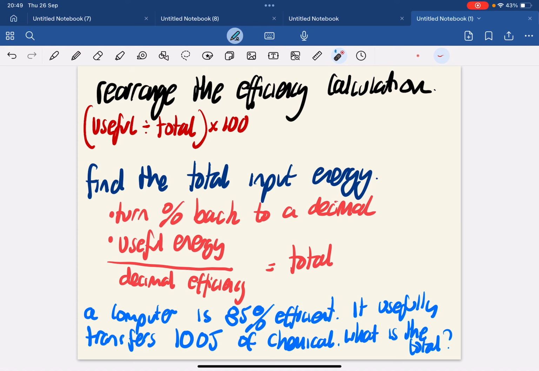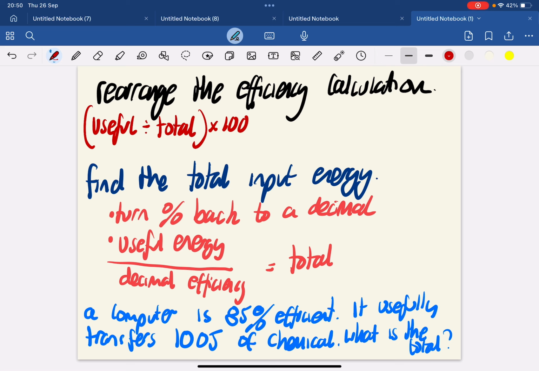So let's have a look at a question then, what that might look like. We have a computer and it's 85% efficient, which means obviously 15% is going to be wasted. But it usefully transfers 100 joules of chemical energy. What is the total?